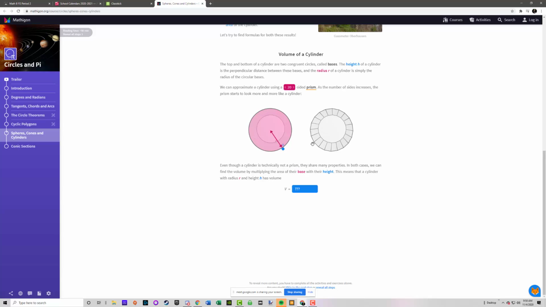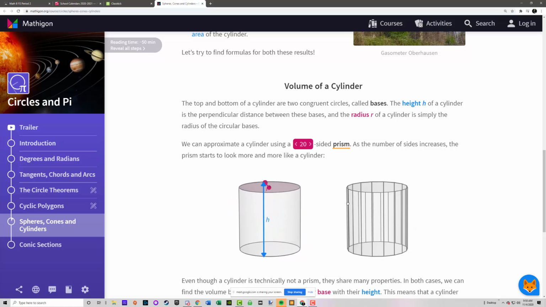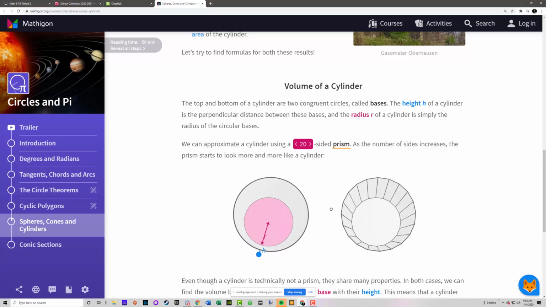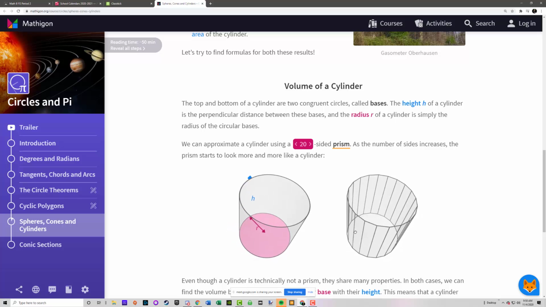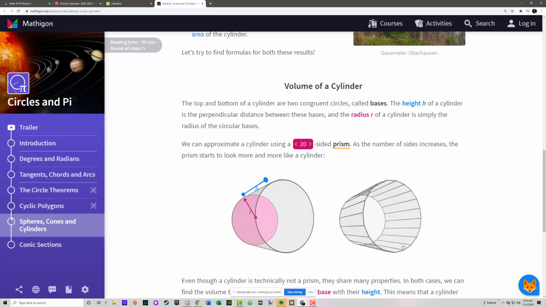Whereas here, let me zoom in, the prism almost looks perfectly round, but you can still see that it has edges to it. So a cylinder, because it has this circular shape, has an infinite number of sides and edges, which I think is pretty crazy.